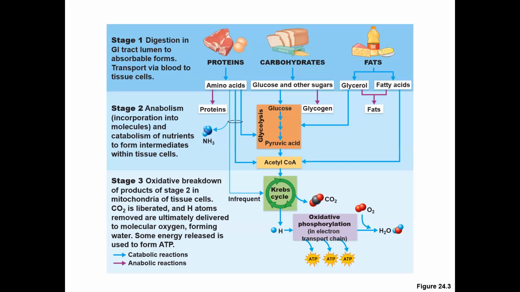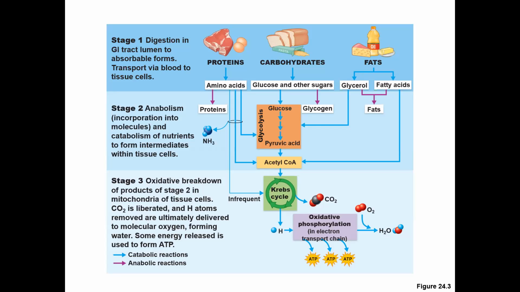So for those of us that are visual, and visual always helps me, these are the 3 stages here. Stage 1, digestion. We eat proteins, and we break them down into amino acids. We go into the cells and we reassemble the amino acids through protein synthesis into a new protein that we want.